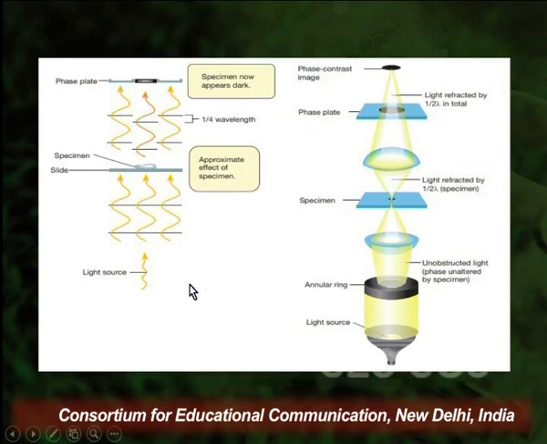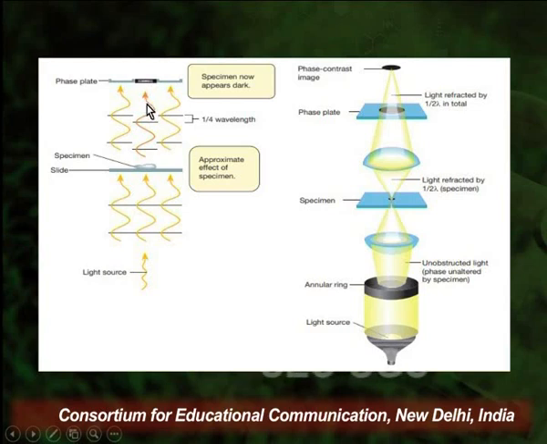So what happens here is there is a light source, and when the light passes through an object, the velocity of this middle light component changes, it slows down, whereas those light waves which are not passing through the object keep on moving at their usual speed.